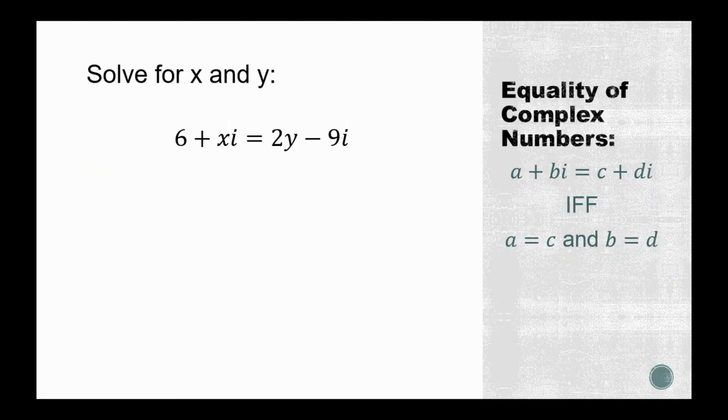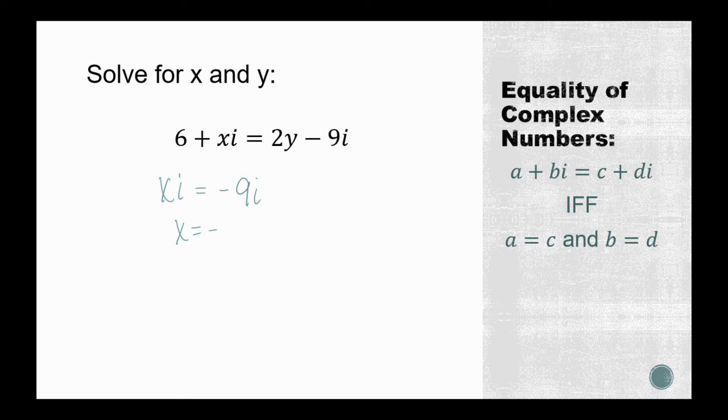We can, first of all, solve. So for example, if we know that a complex number is equal to a complex number, we know that the real part is equal to the real part, and the imaginary part is equal to the imaginary part. So we could say that xi is equal to negative 9i. Therefore, x is what? Don't all answer at once.